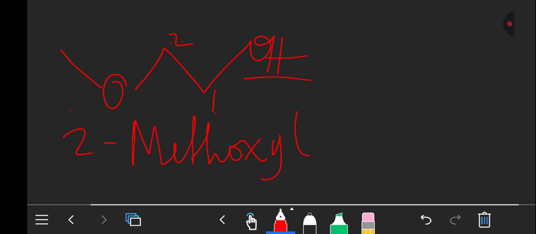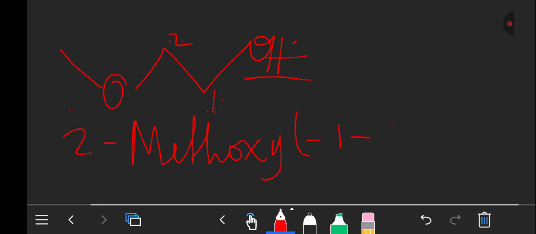You see, this is an alcohol. What is the name of this alcohol? Since it has 2 carbons, it has to be ethanol, right? So we're going to say 2-methoxy. Then position number 1, that's where there is this hydroxyl. Because it's the parent name, it is an alcohol. So an alcohol is at position number 1, so it will be 1.